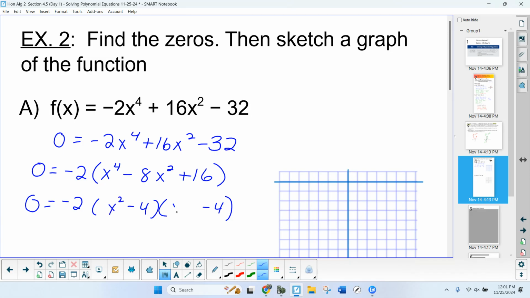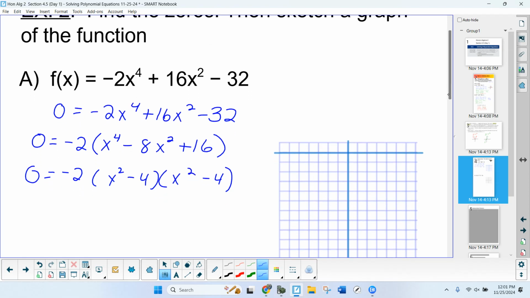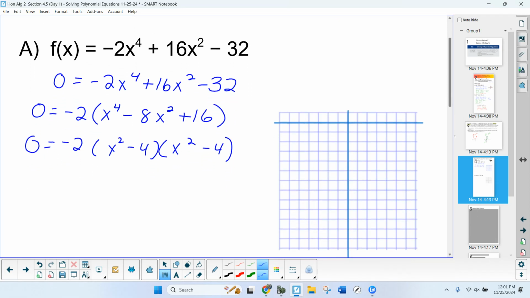X squared and x squared. Ooh, am I done factoring? No. What does x squared minus 4 factor into? So this would be x plus 2 times x minus 2. And this one factors into x plus 2 times x minus 2. Whew. Have I fully factored?